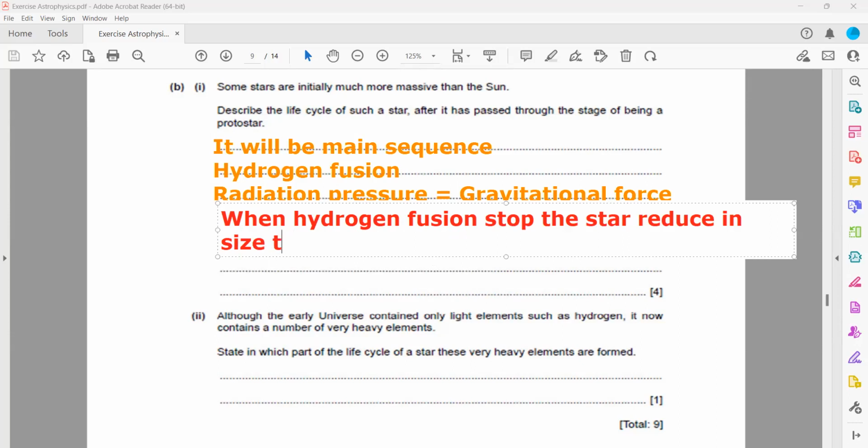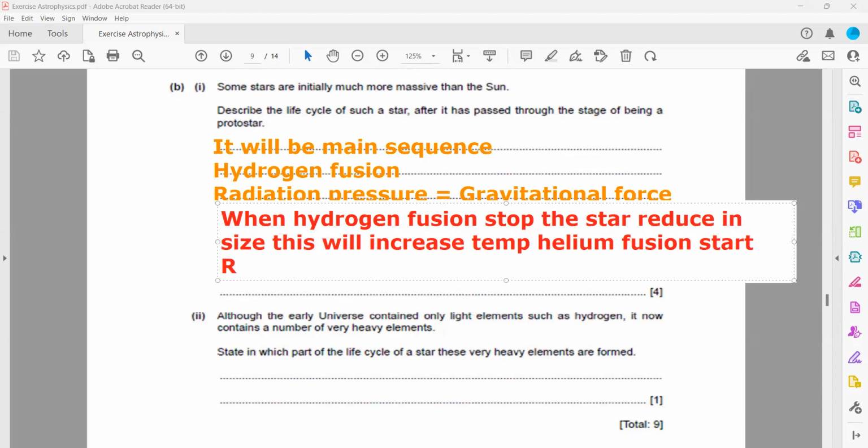This will increase the temperature. As a result, when the temperature increases, helium fusion starts, and the star will become a red supergiant.